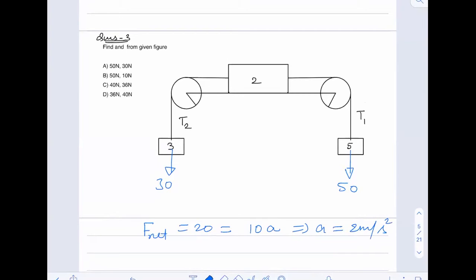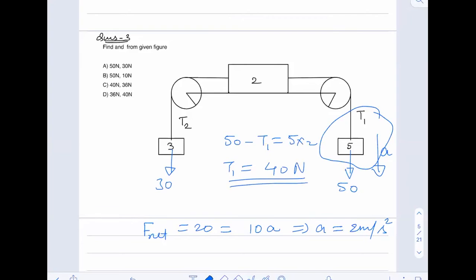Now, for the T1 value, if you take this here, this body will move down with acceleration A. So for this, I can write 50 minus T1 is equal to 5 into 2. So T1 will be 40 Newton.